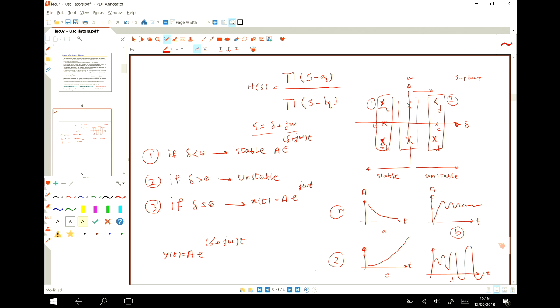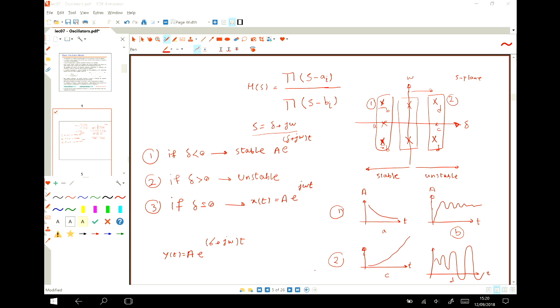If omega is 0, then as your friend said, for example, this is critically damped. If omega is not 0, then we have a kind of oscillation, and at the end of the day, we get stable. If sigma is positive, definitely our output is going to increase with elapsing time.